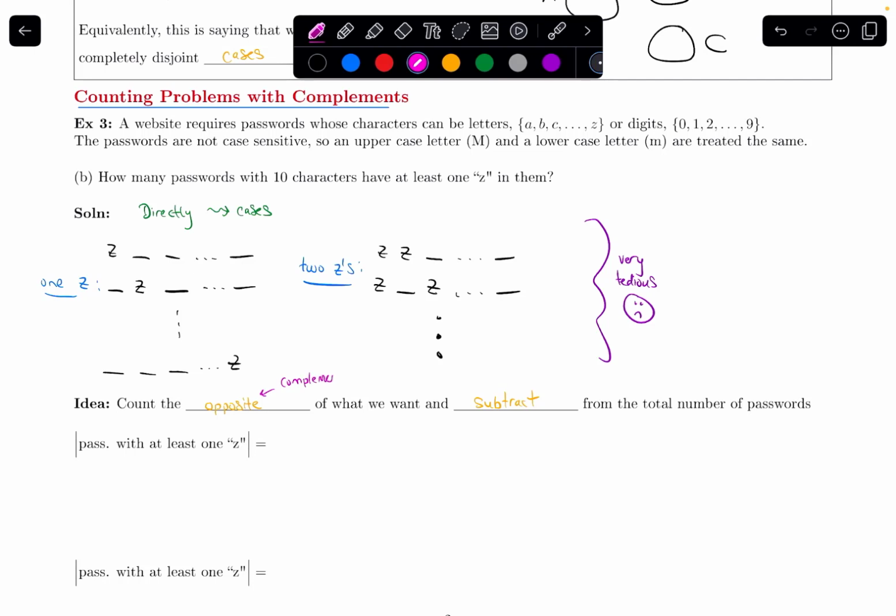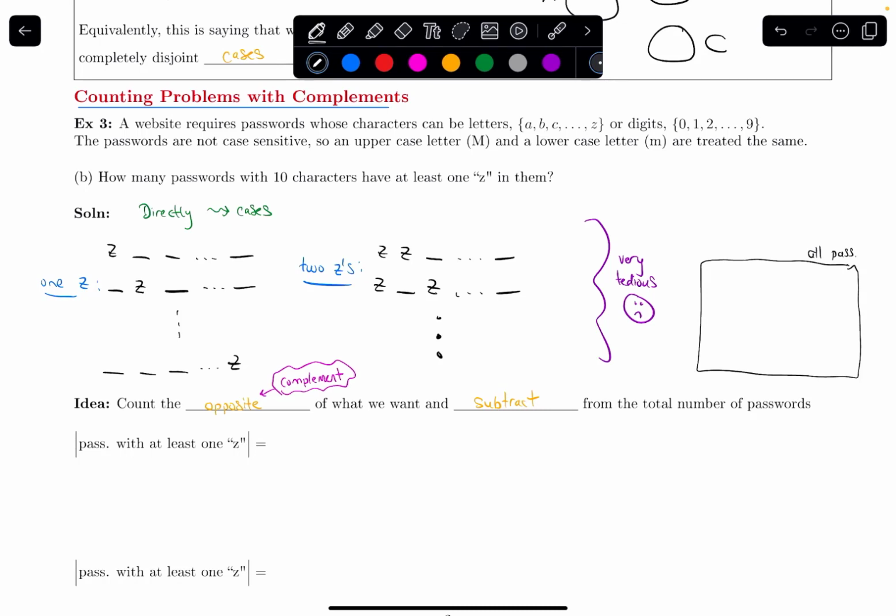And we've seen this term before back in chapter 2 when we talked about sets. So remember, the idea with complement was if I have my universal set, and the universal set here is going to represent all the passwords, all the total possible passwords.